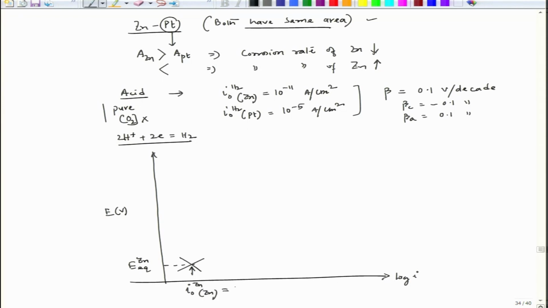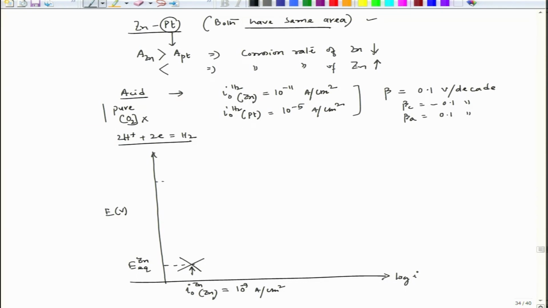I assume it to be, let us assume it to be, 10 to the power minus 9 ampere per centimeter square.